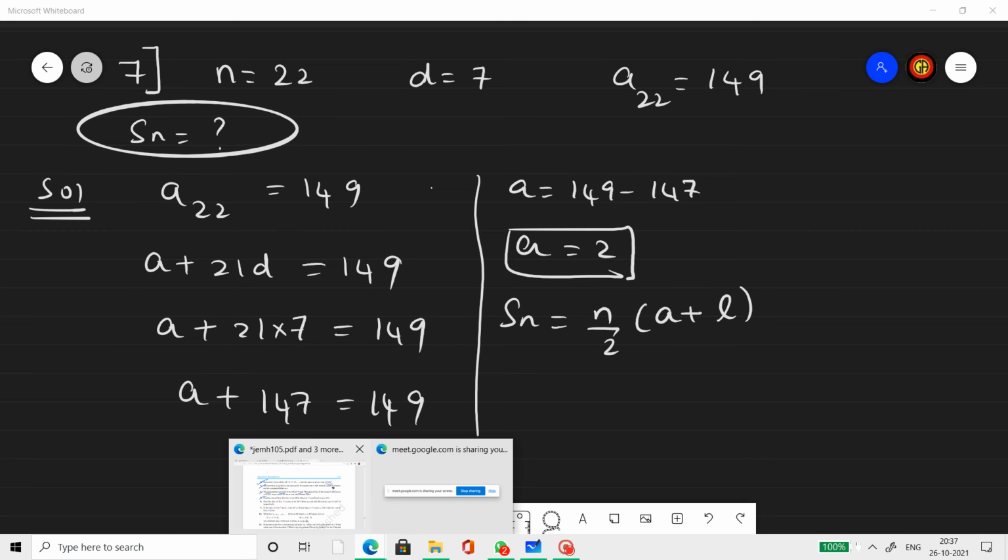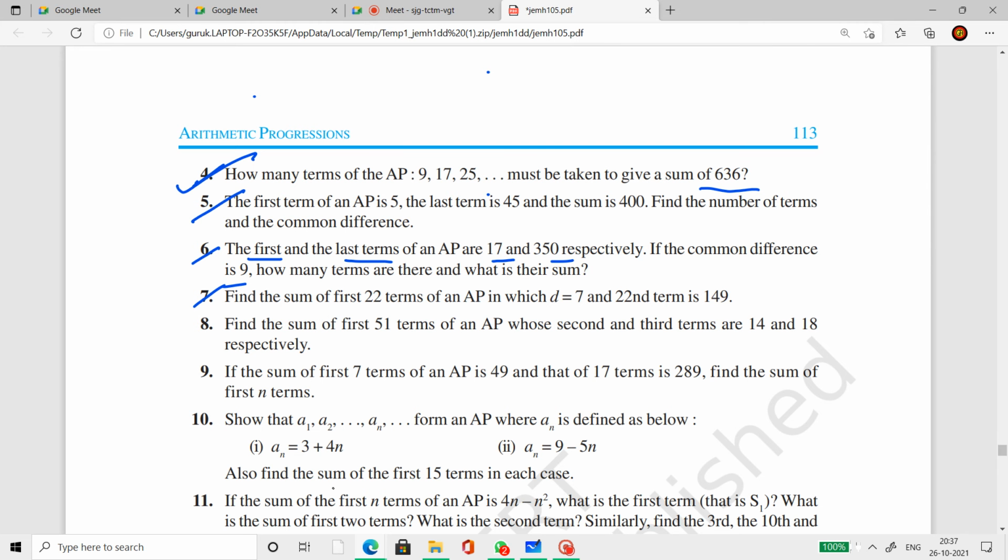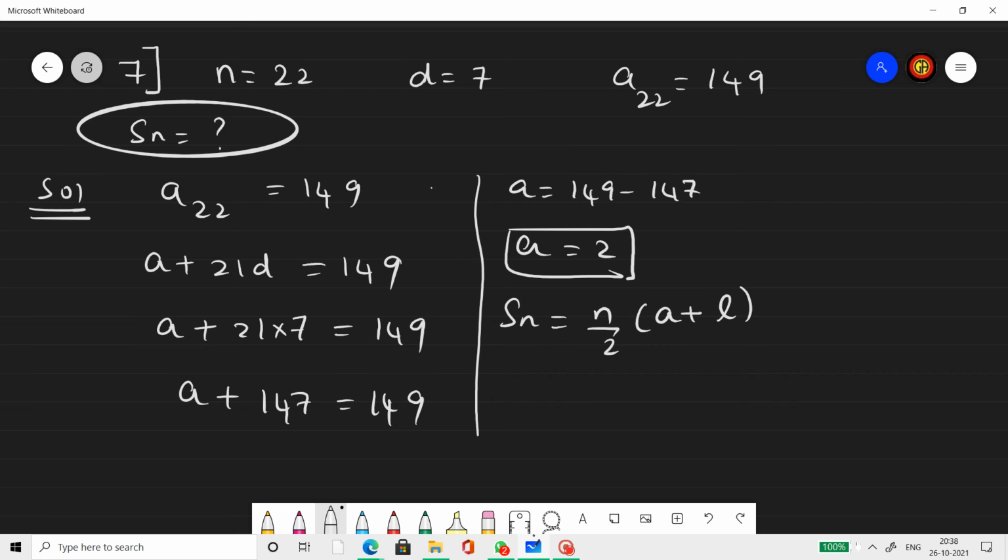Want to see the question one more time? Question number, okay, sum of first 22 terms is what they ask. So it's not Sn but it's S22. So S22 is equal to 22 by 2, A, that is the first term which we found as 2, and last term which is A22, 149.